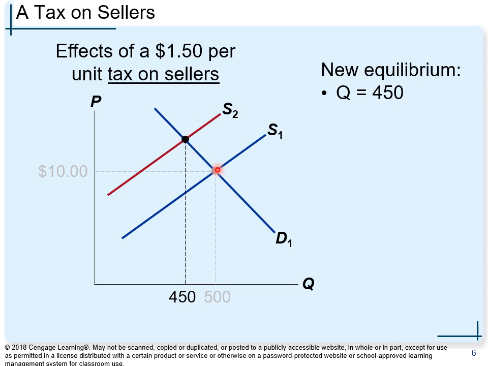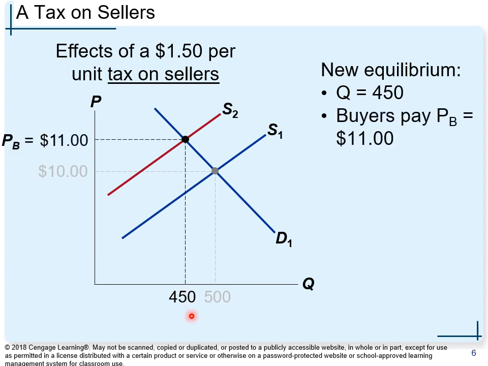That shows us the response of consumers due to that change in the supply curve. So at the new equilibrium of 450 pizzas that get sold, there's going to be an equilibrium price that buyers pay of $11. What is the amount that sellers get?